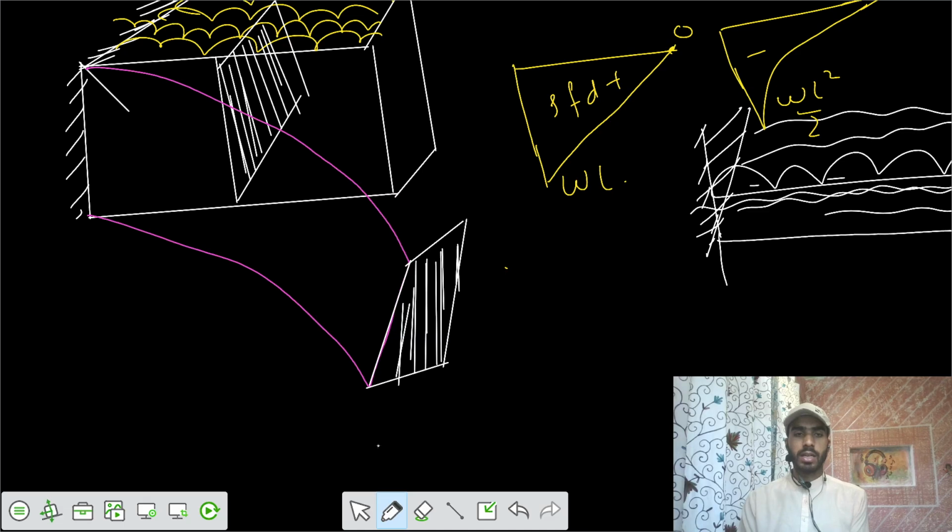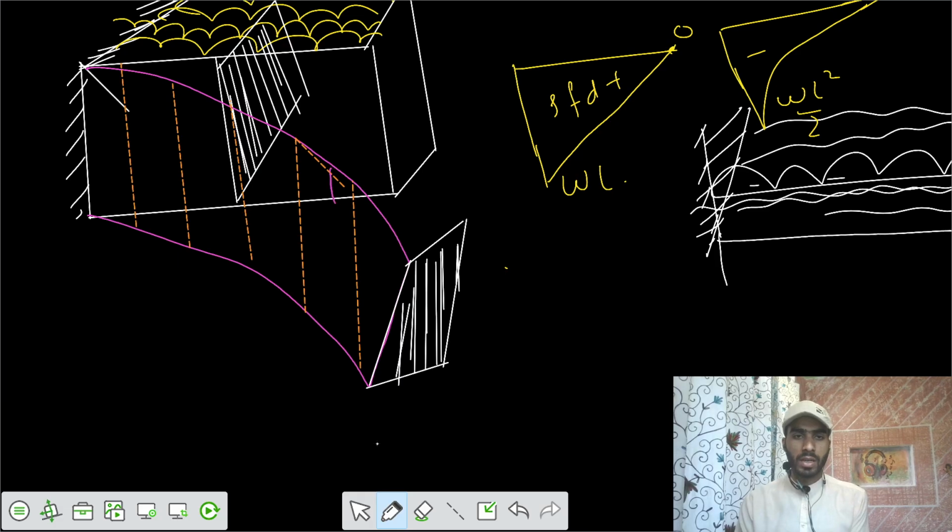Then, if you have some reference lines, let's say these are our reference lines. Then we have some deformation here. Let's say this is our delta 1. This is the neutral surface or neutral axis.